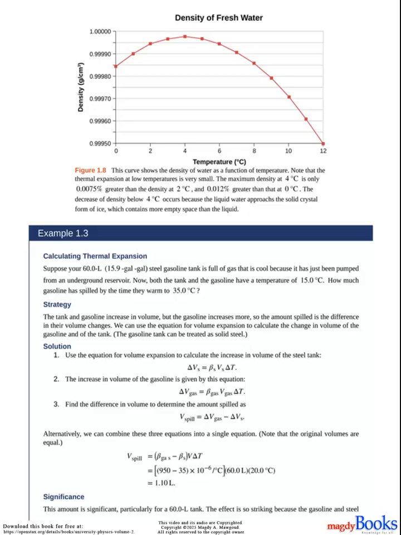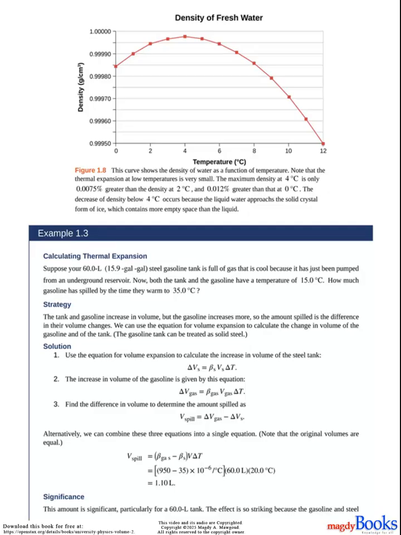3. Find the difference in volume to determine the amount spilled as V_spill equals delta V_gas minus delta V_S. Alternatively, we can combine these three equations into a single equation. Note that the original volumes are equal.